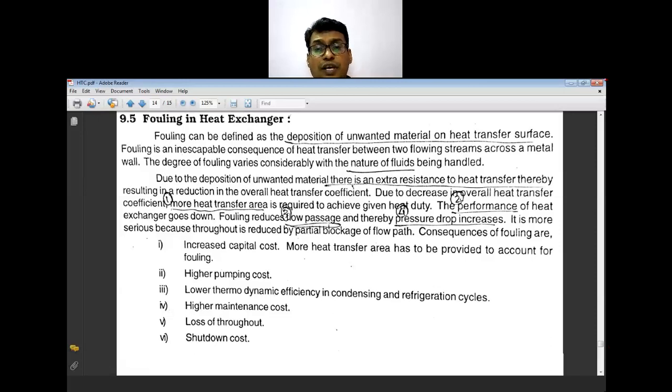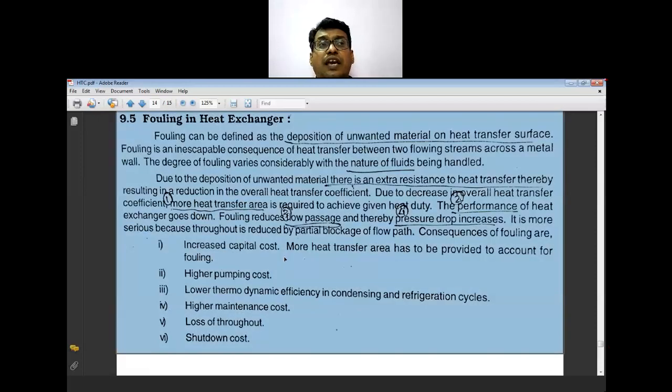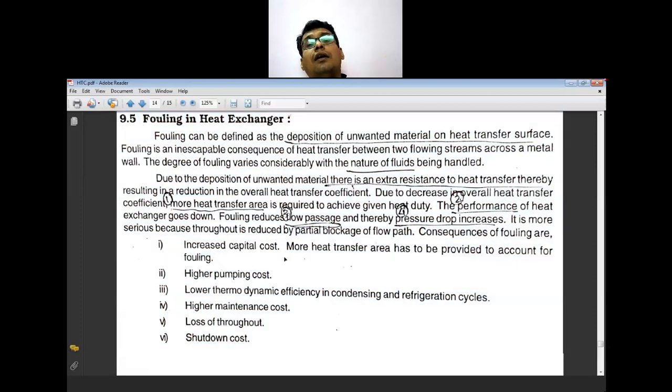So it increases the capital cost and working cost, and you require higher heat transfer areas. Higher heat transfer area means you have to design higher capacities, higher volumes, and when we design higher volumes, we increase the initial investment cost.